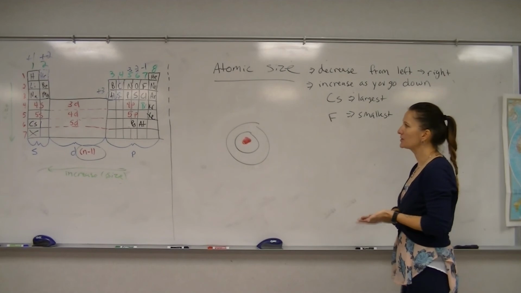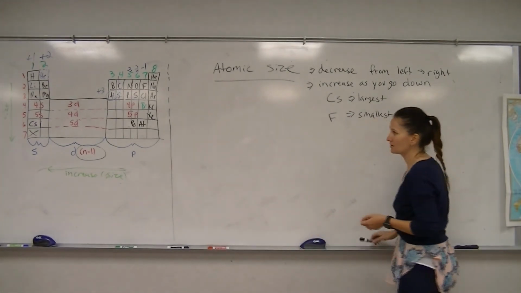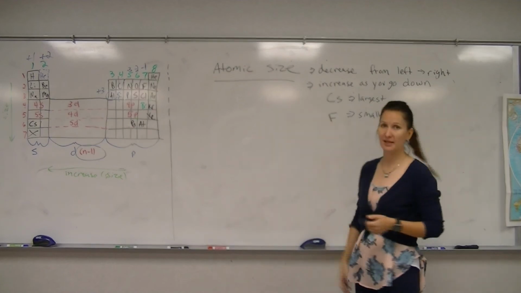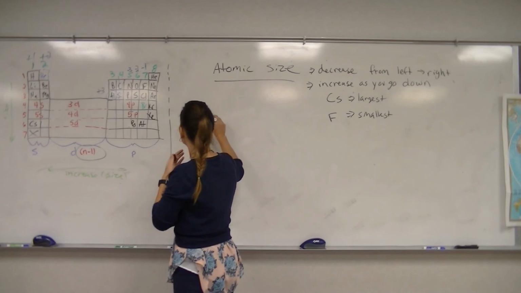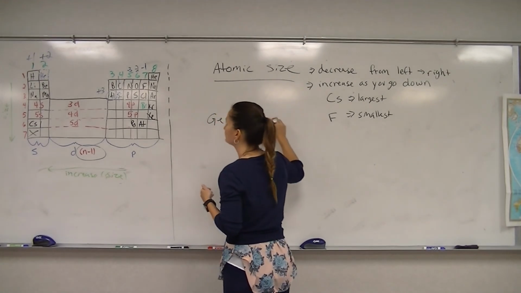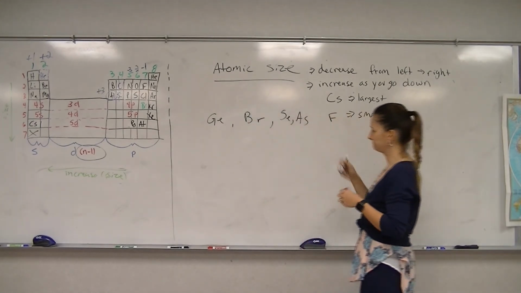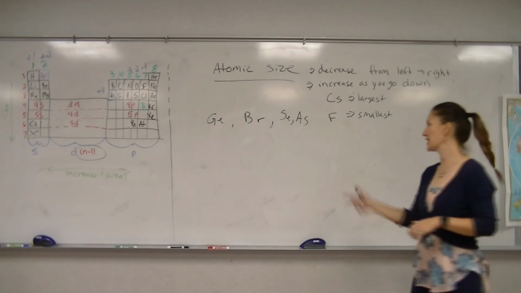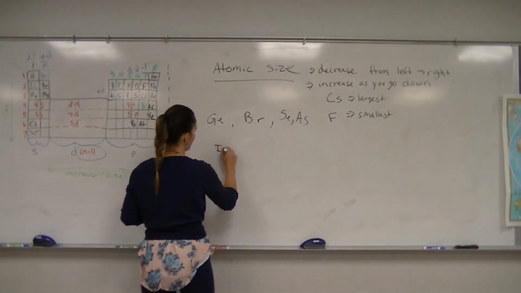So how are we using this? If you're given a list of elements, you need to put them in order of atomic size. So for instance, let's do these guys. If I say, okay, those atoms, put them in order of increasing.